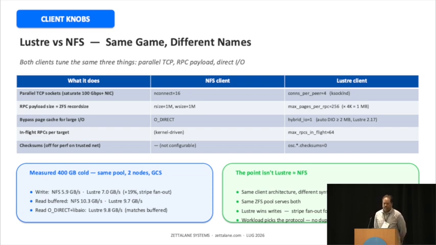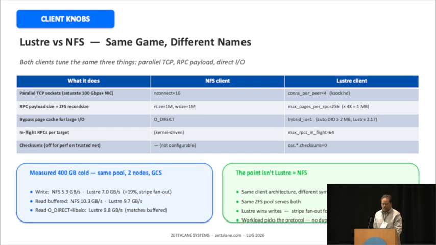So you have the most common thing, the N-Connect 16. Without that, one single TCP connection cannot deliver NFS throughput. For Lustre, the client equivalent, that's what I figured out, is the parameter on the KSOCKLND.